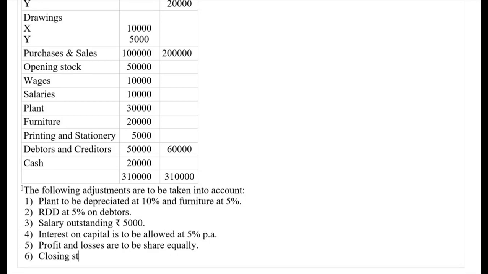Closing stock on 31/3/2012 is valued at rupees 30,000. Provide 30% tax on profits.